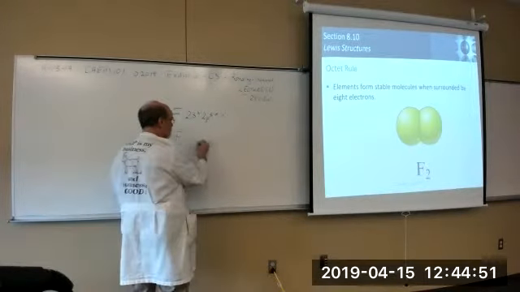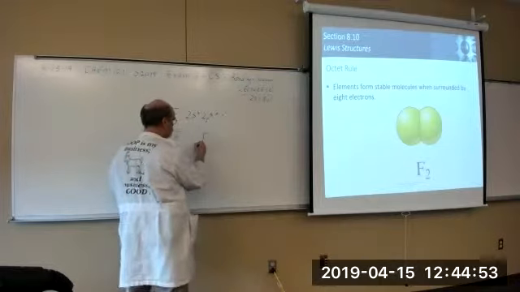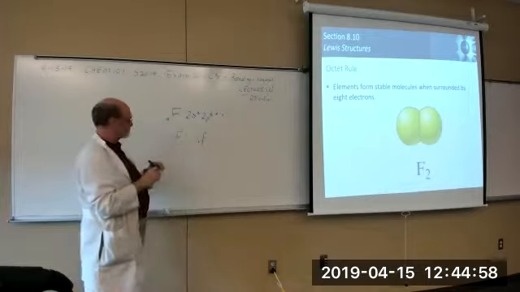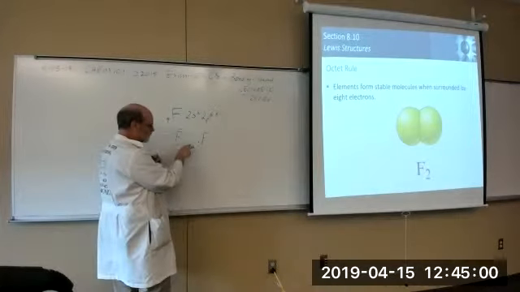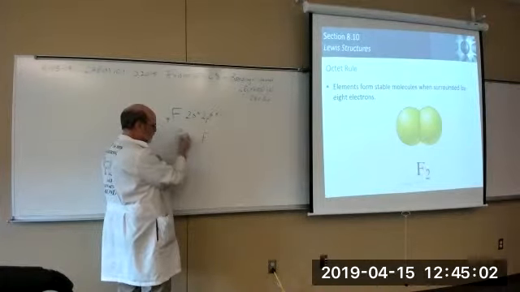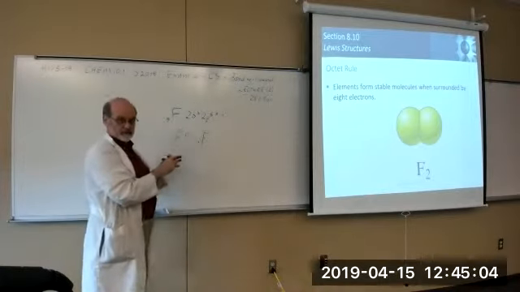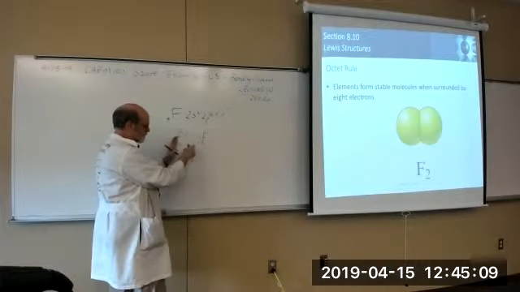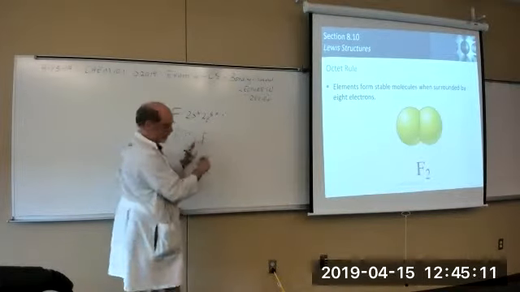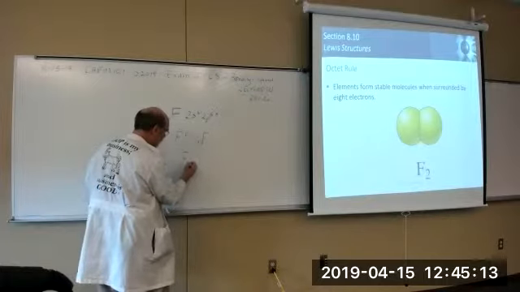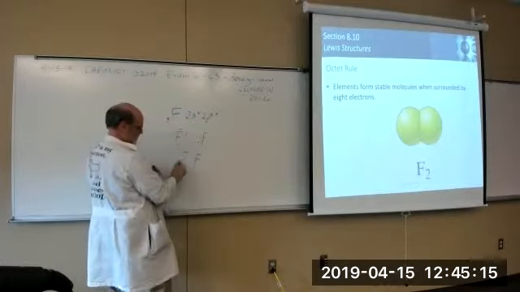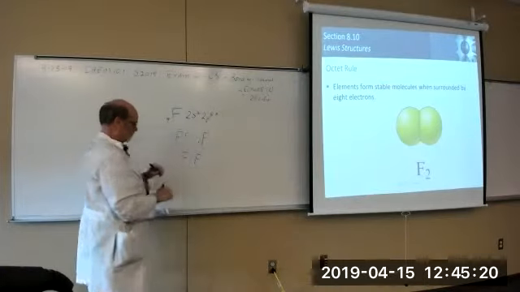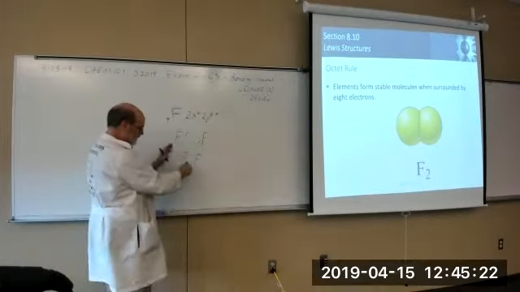Then if it comes in contact with another one, like that, all you have to do is share these 2 electrons, which forms a bond, and this fluorine thinks it has 8 electrons, this fluorine thinks it has 8 electrons. And you get the bond in between. Okay? And each one thinks it has an octet.